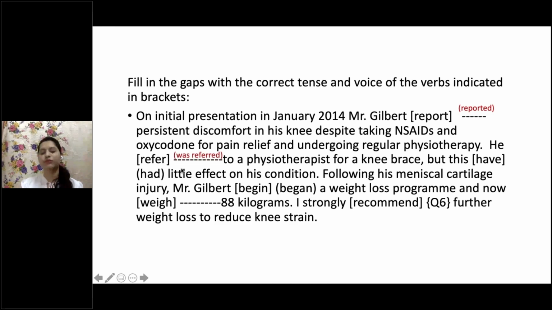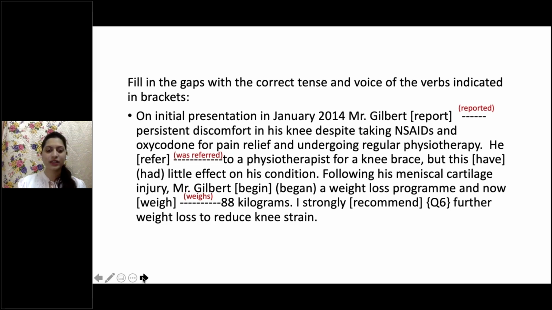He was referred to a physiotherapist for a knee brace, but this has had little effect on his condition following his meniscal cartilage injury. Mr. Gilbert began a weight loss program and now weighs 88 kilograms. So I hope people got that right.